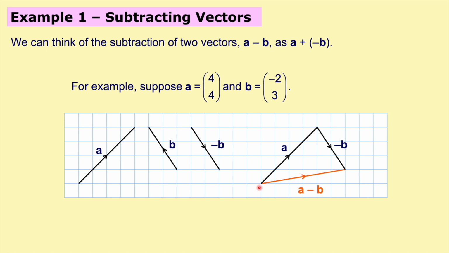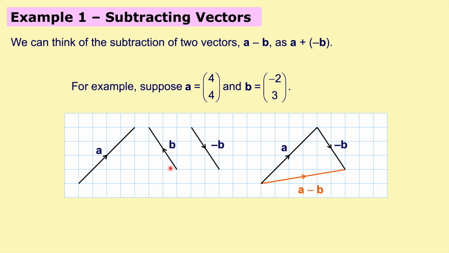So we're starting from A, finishing over here, and that is our direction. Because if you were to draw A and then add on B, you would end up going all the way up in this direction. But we're adding the negative of it, so it's the same parallel direction, but we're going in the opposite direction.